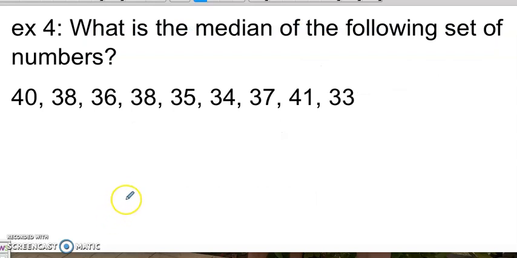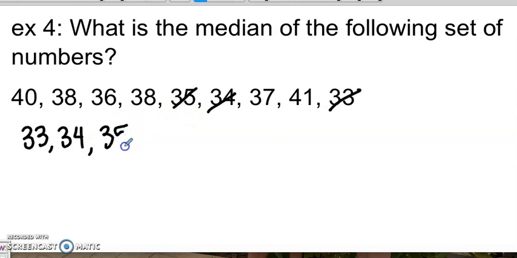Okay, number 4 says, what is the median? That's all I have to find is the median. So I need to put these numbers in order from least to greatest to find the median. So my smallest number is, looks like it's 33. And then I have a 34. And I have a 35. 36. 37. 2 38s.